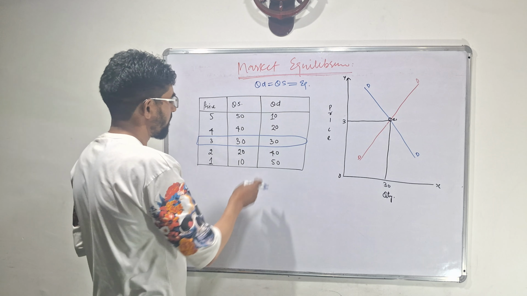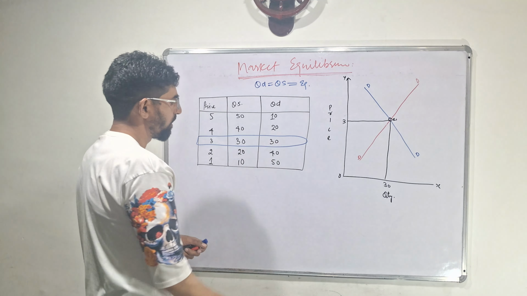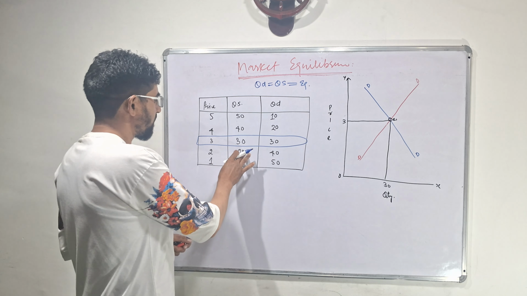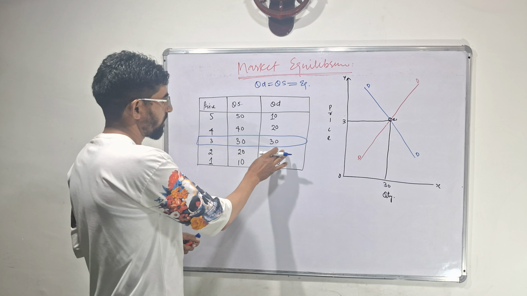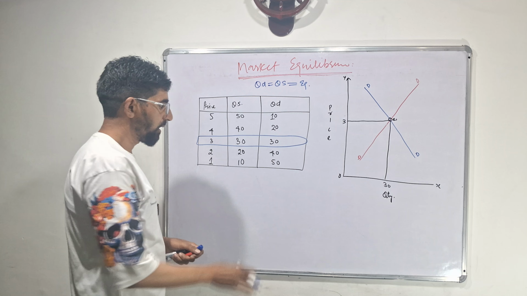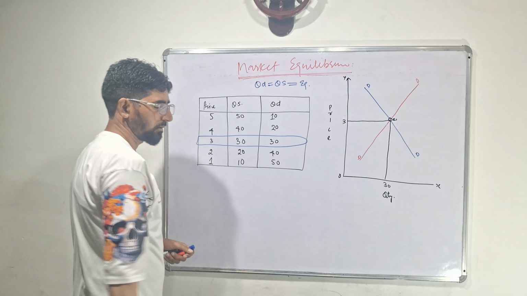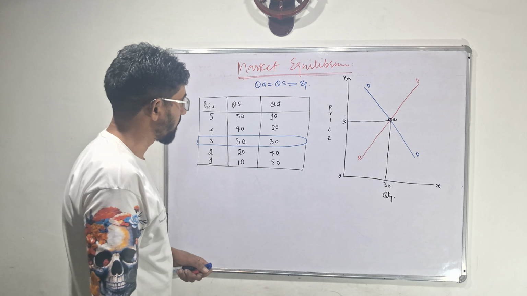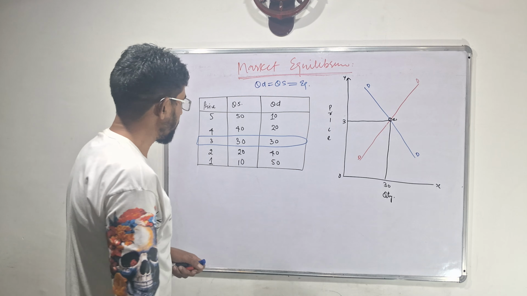If you look above or below, these are not equal. Quantity supply is 20, quantity demand is 40; quantity supply is 50, quantity demand is 10. They are not equal. Only this is the situation which we call market equilibrium.